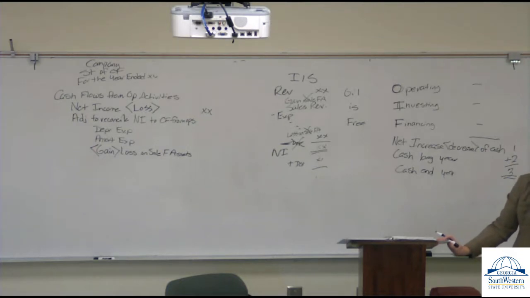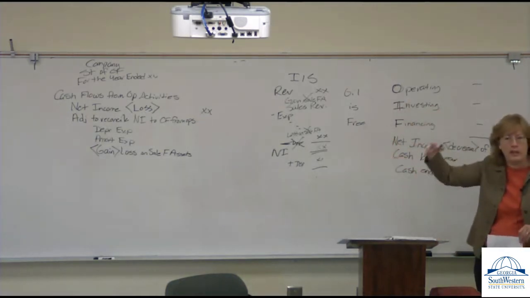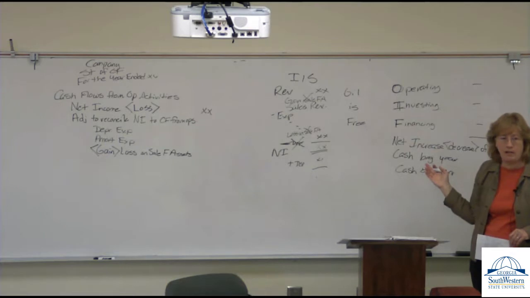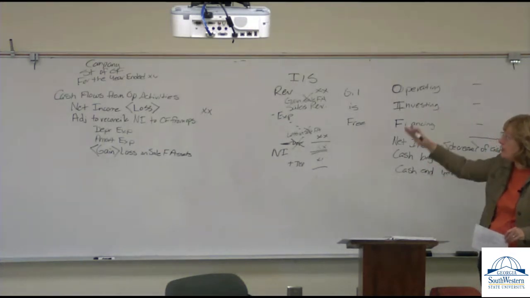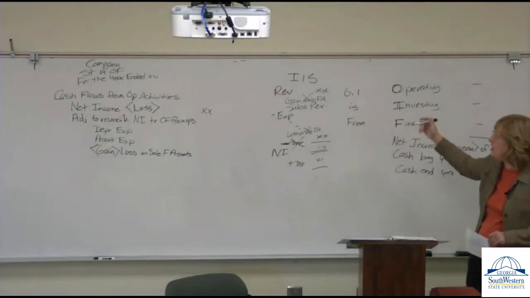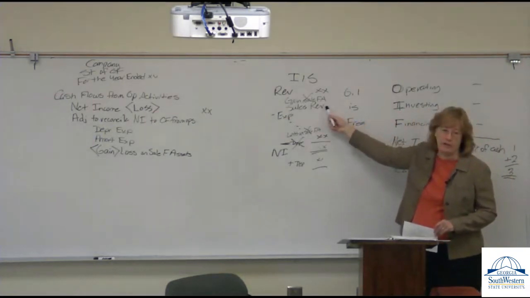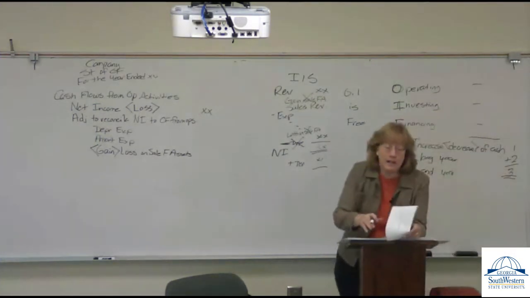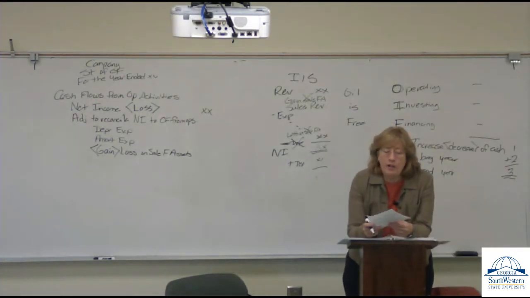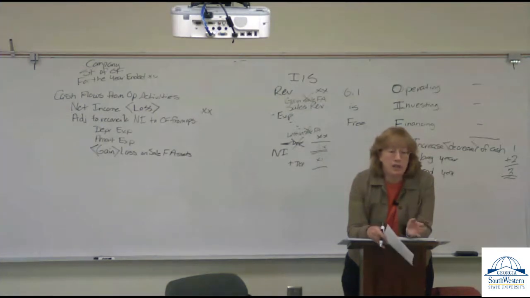So sales revenue is not really on the cash basis; it's more on the accrual basis. So somehow we're going to have to get a lot of different items on the income statement, like sales revenue or insurance expense or a lot of other kinds of things, to the cash basis. The way that we're going to do that, which seems kind of a weird sideways way, is to look at the change in our current assets and current liabilities.